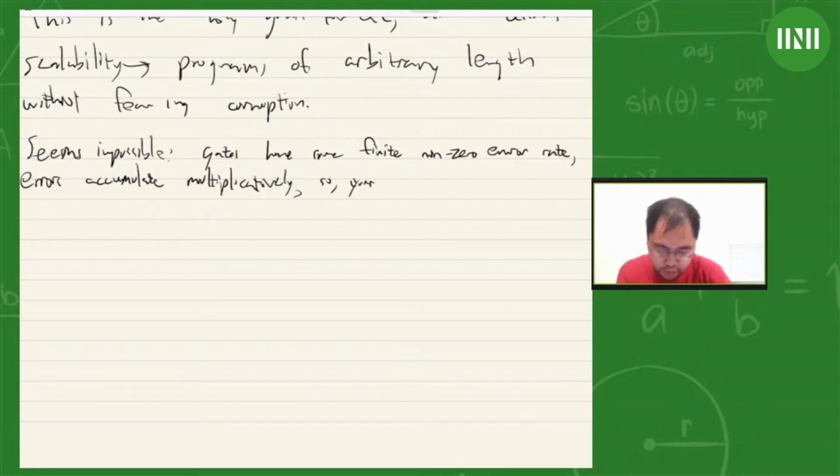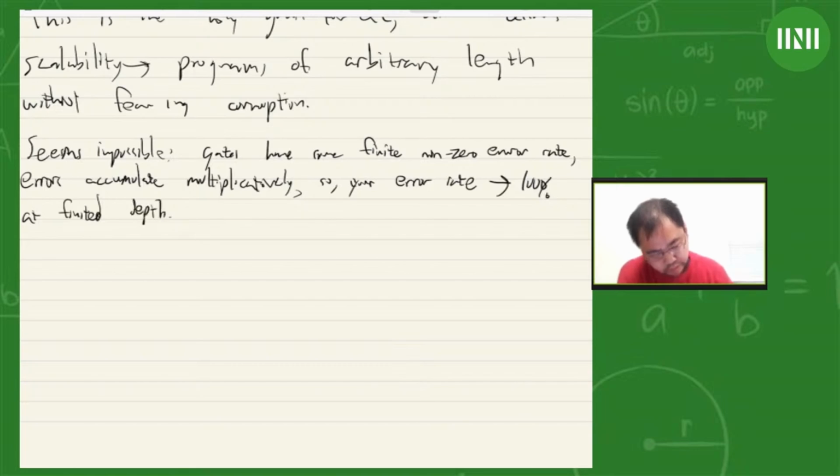So your error fraction, your error rate will approach 100% at finite depth. That would be a problem, but luckily quantum information gives us a way around this.